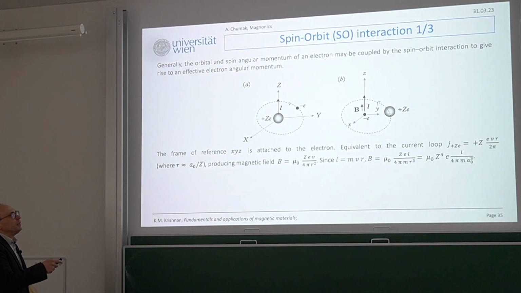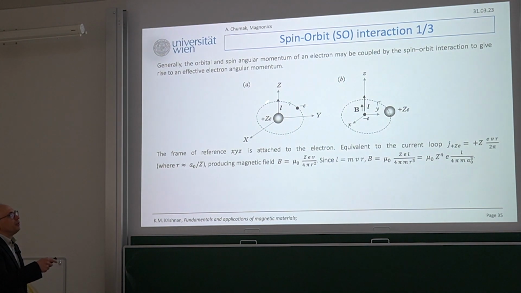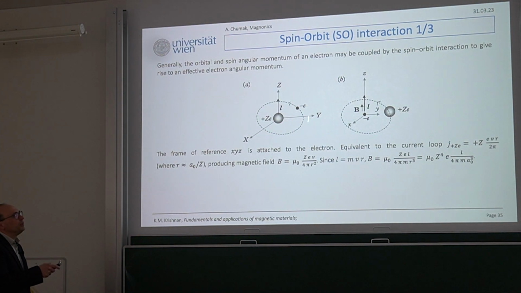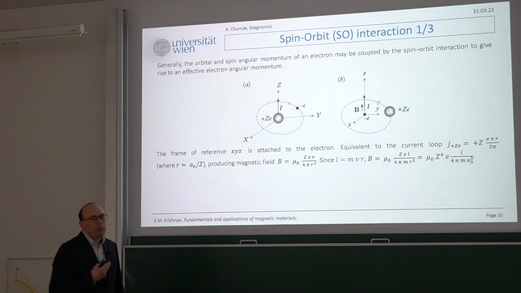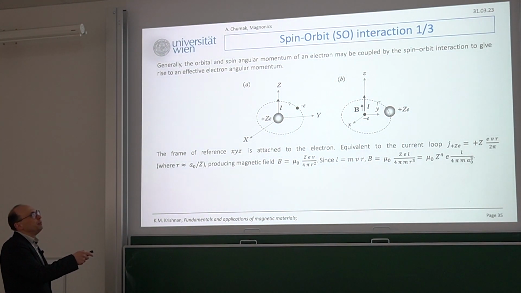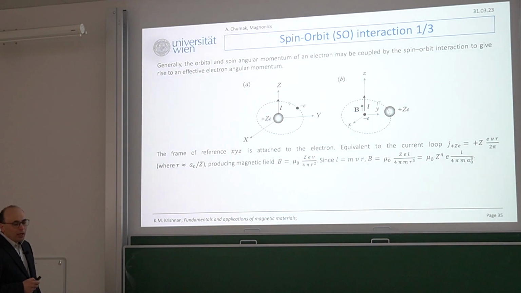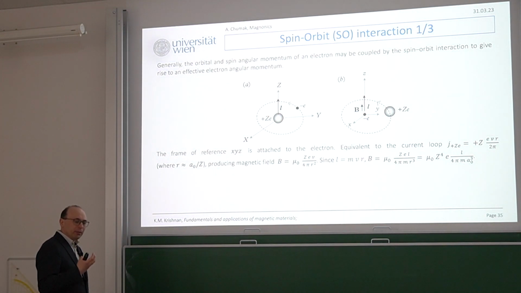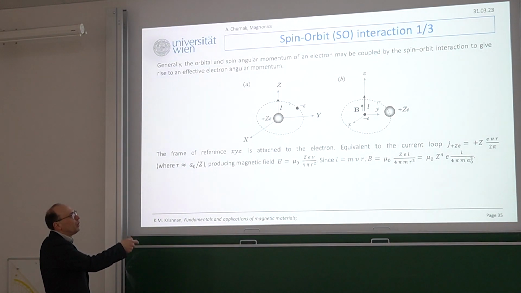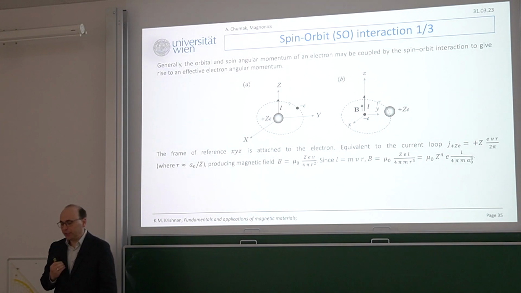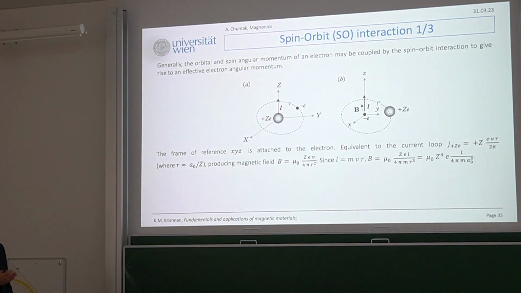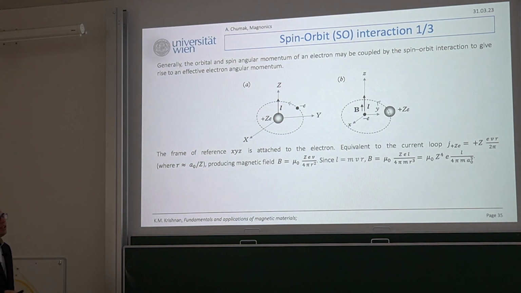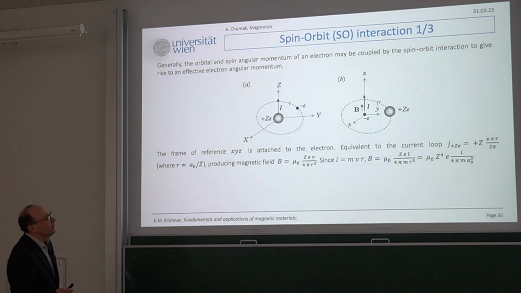So the story is the following. If you have this Bohr model of the atom, where an electron is flying around the nucleus, like it's shown here, then magnetic properties are usually given by the spin of the electron. But mechanical properties, for example the lattice, are usually coupled to the orbital motion, which is coupled, of course, to nucleus vibration, for example thermal phonons. And generally speaking, they not necessarily should be coupled at all.